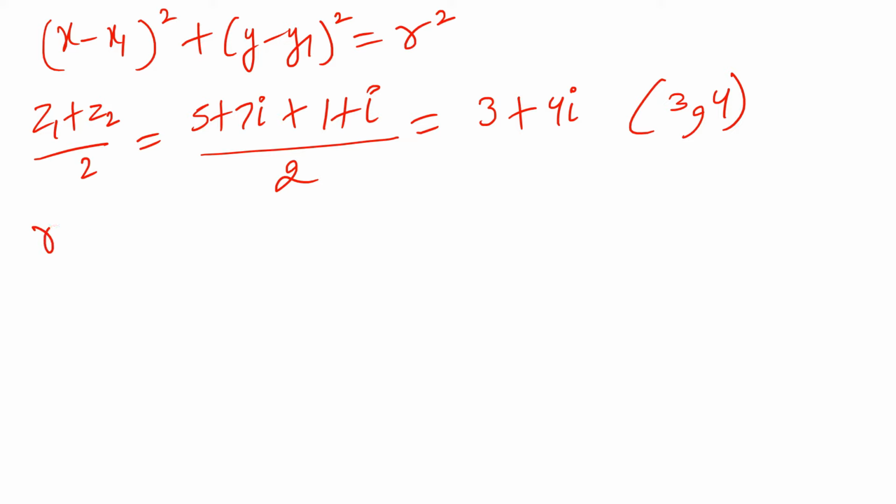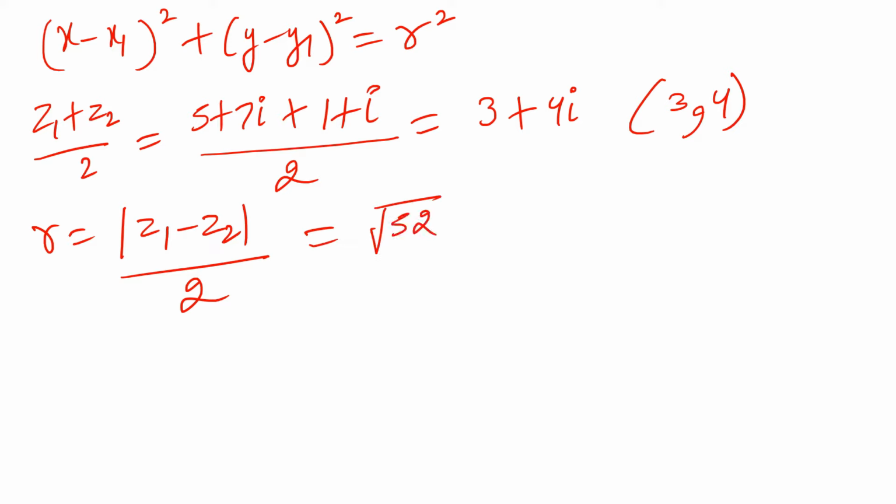Now similarly the radius is going to be mod of (z1 minus z2) divided by 2. Since mod of (z1 minus z2) was under root of 52, it is going to be under root of 52 divided by 2. If we simplify this, we get 2 root 13 divided by 2, or just root 13.